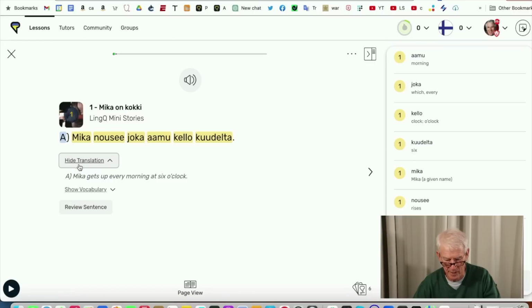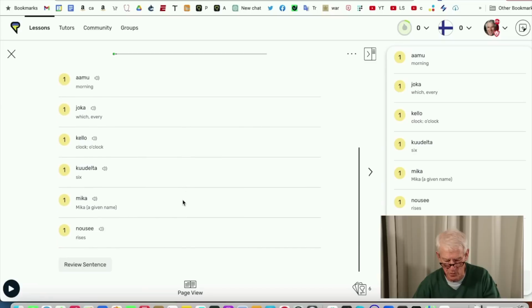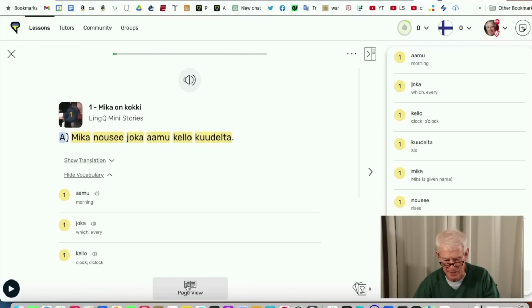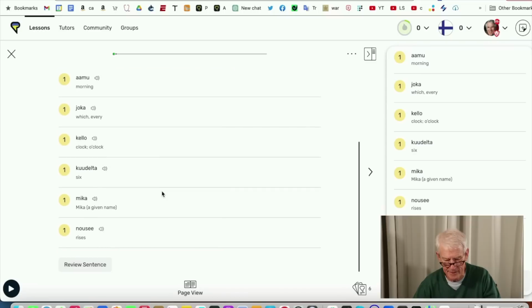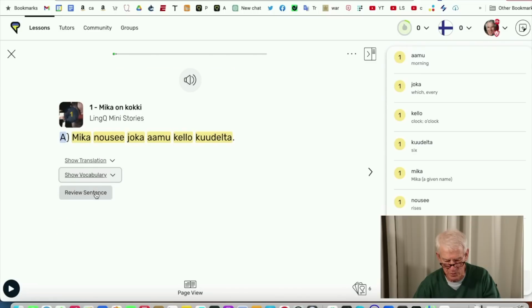Now if I were doing this in sentence review, by the way, I get here by going from page view, I'm now in sentence view. If I want to go back to page view, I click on page view, but I don't want to do that. I want to stay in sentence view. Now, the next thing I can do is show translation, hide vocabulary, review sentence.